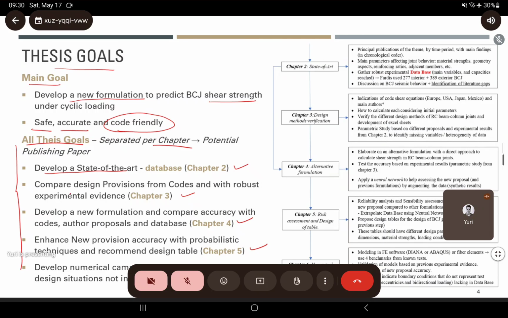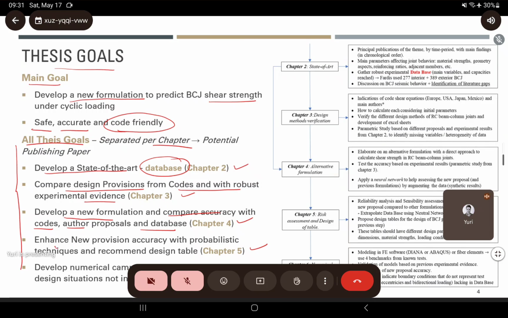Second goal, which is chapter 3, we're going to compare design provisions from codes and robust experimental data. And we want to do that through the gathering of information into a database. Chapter 4, which is the third goal, is to develop a new formulation, and we are going to compare with codes, authors, and the database to see how the values deviate.